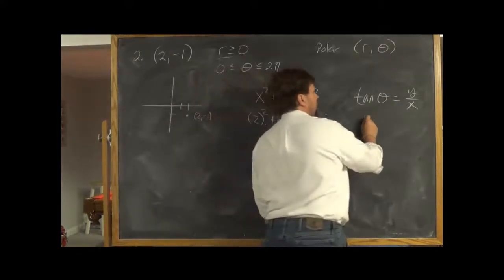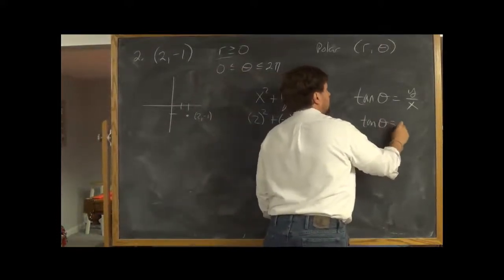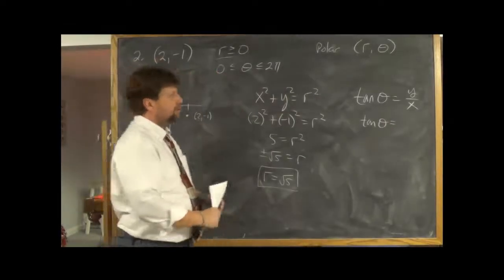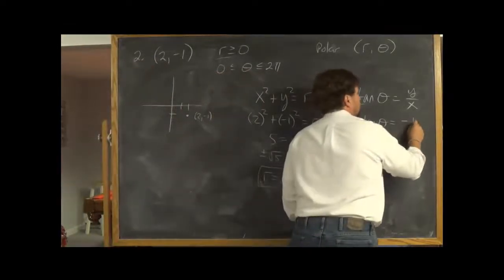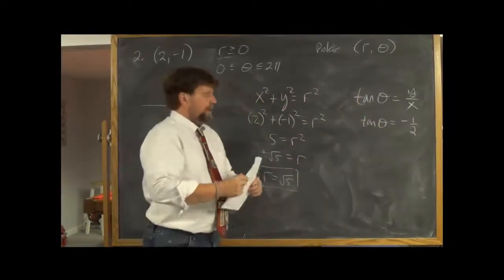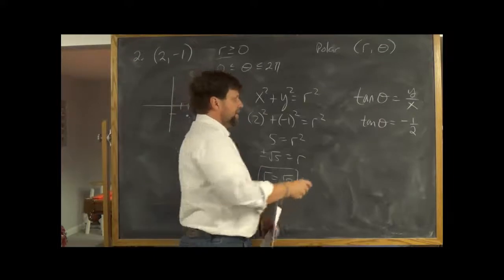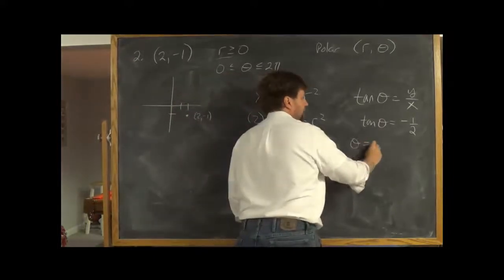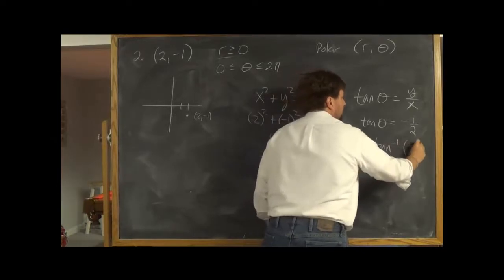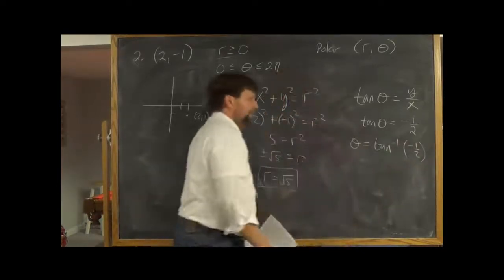Well, tangent theta is y over x, so that'll be negative 1 over 2. So tangent theta is negative 1/2. The exact value of theta is inverse tangent of negative 1/2.